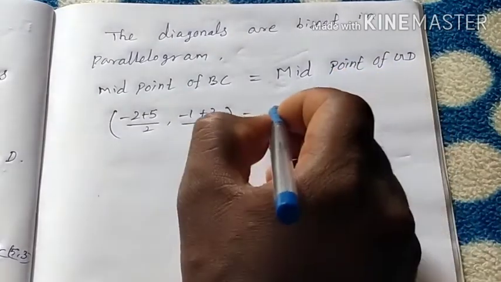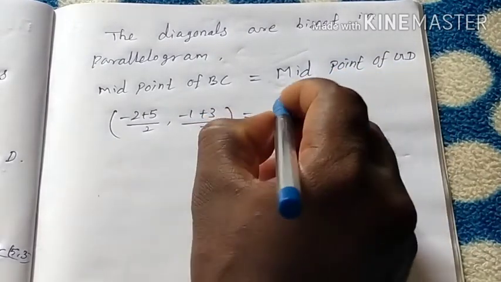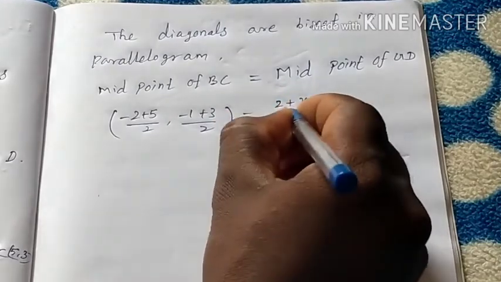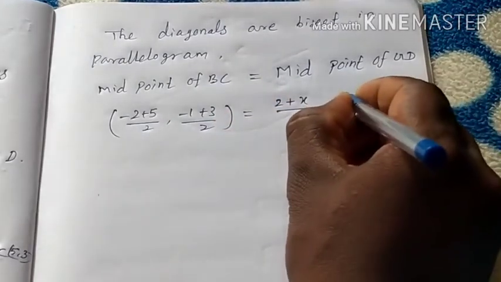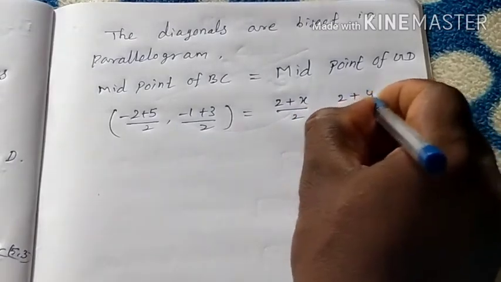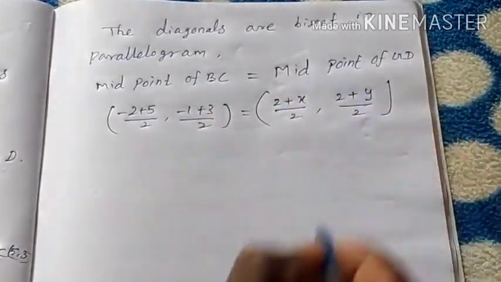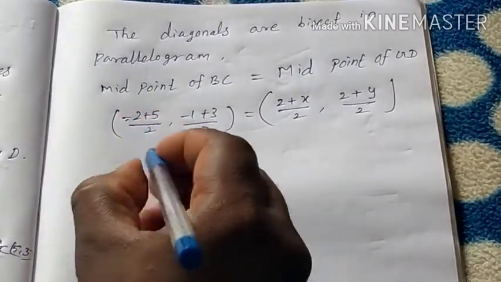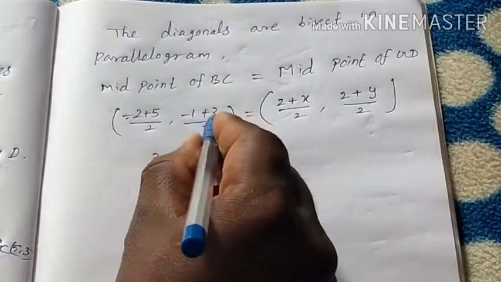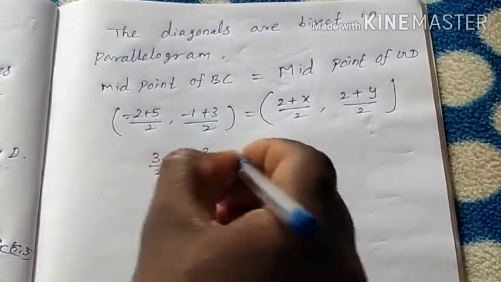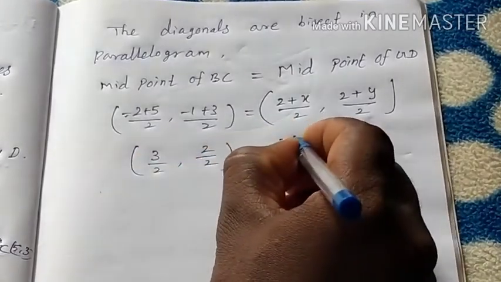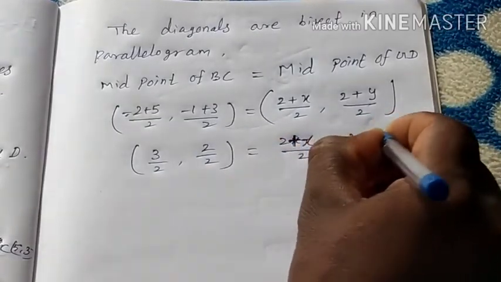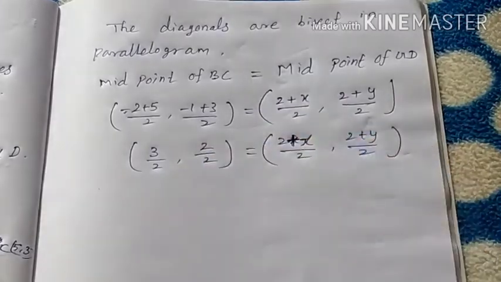G is (2, 2), so the midpoint is ((2 + x)/2, (2 + y)/2). Simplifying, -2 plus 5 is 3, so 3 by 2; -1 plus 3 is 2, so 2 by 2. This equals (2 + x)/2, (2 + y)/2.